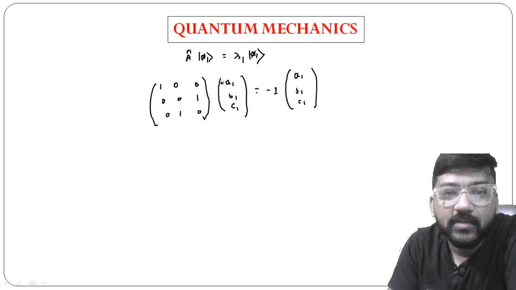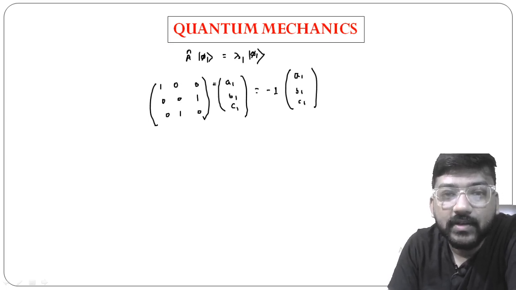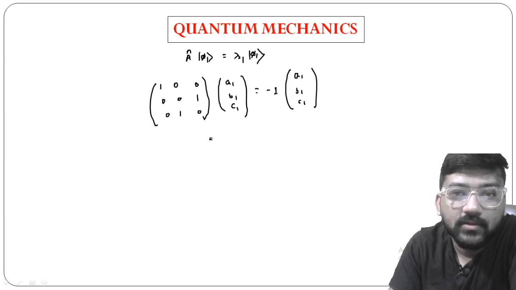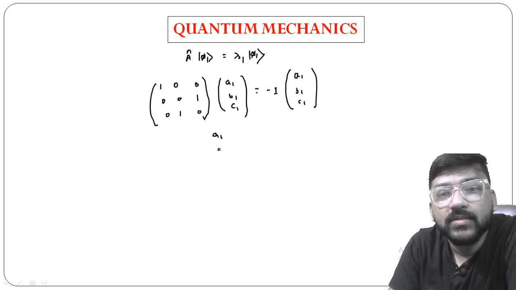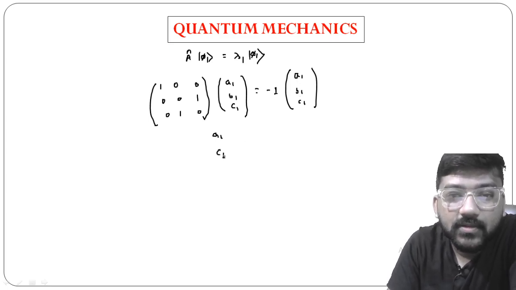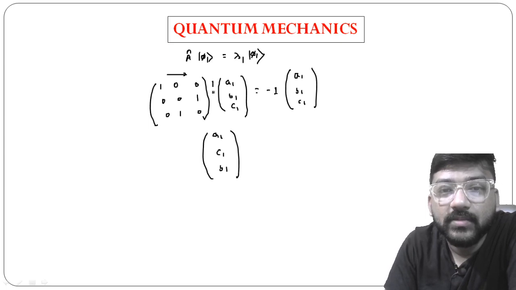Now by using simple matrix multiplication, if you multiply this, what will you get? You will get a1, and then you will get c1, and then you will get b1. So it will be just a1, c1, b1, and here on the right side you have minus a1, minus b1 and minus c1.